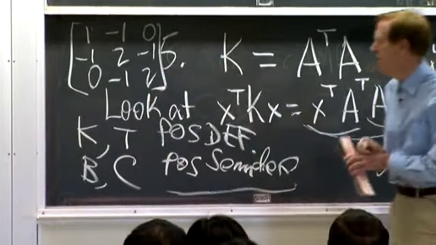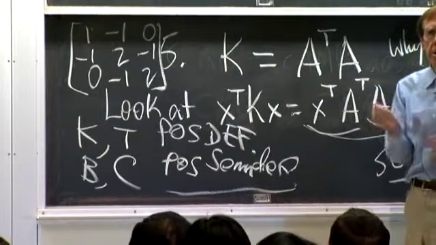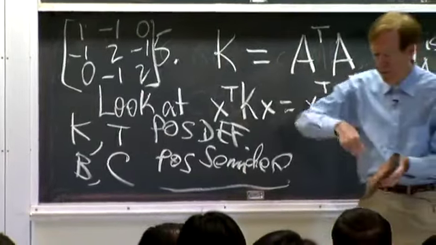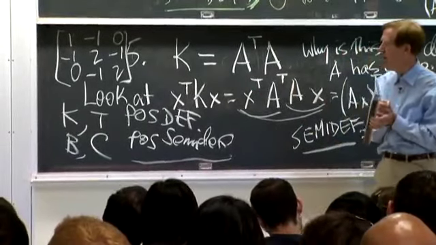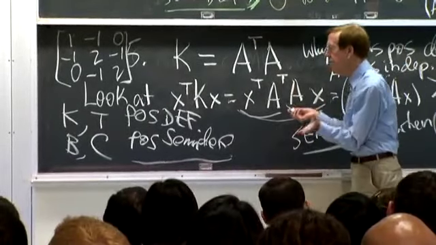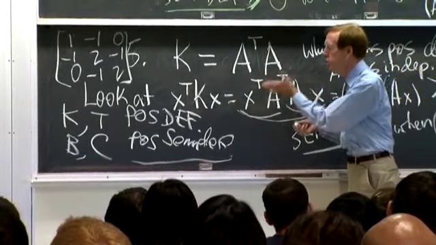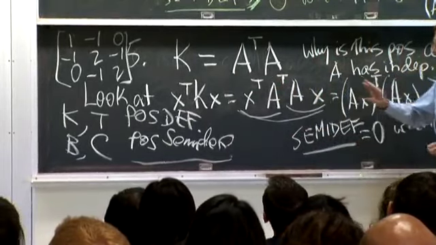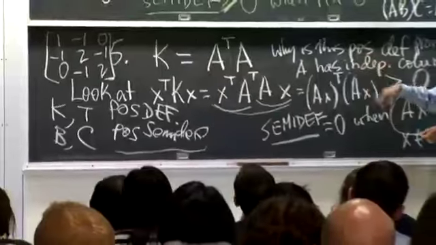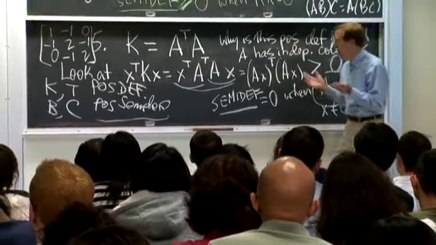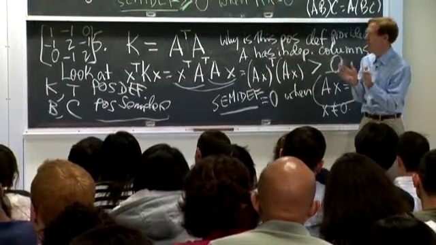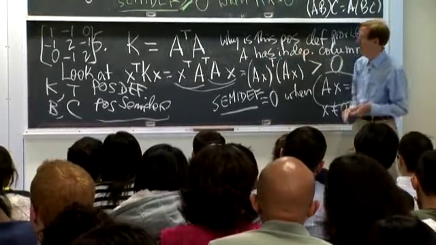Those three columns are independent. They don't lie in a plane. They point off in three different directions. And then there are no x's that give Tx equals 0. So that would be a case of independent columns.